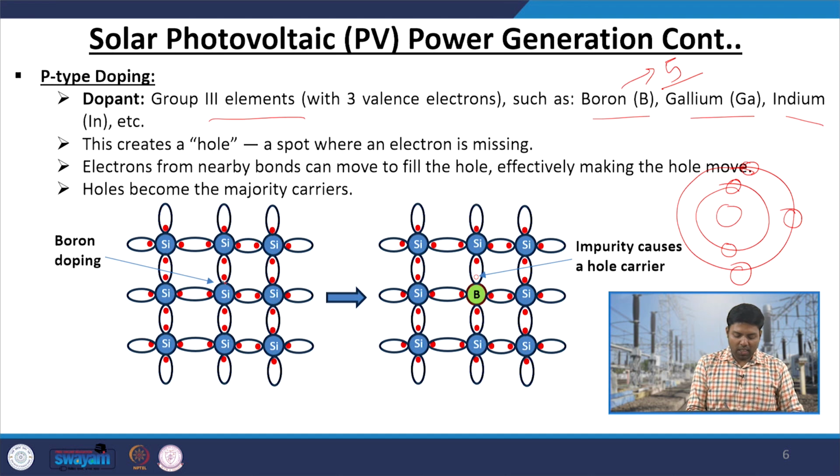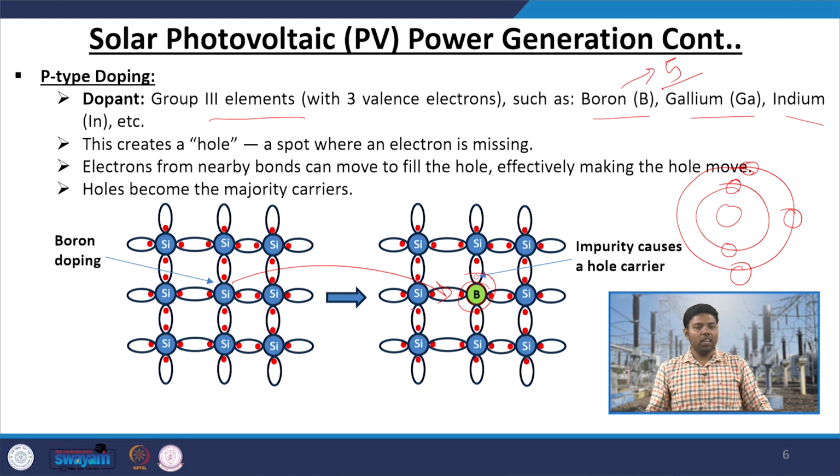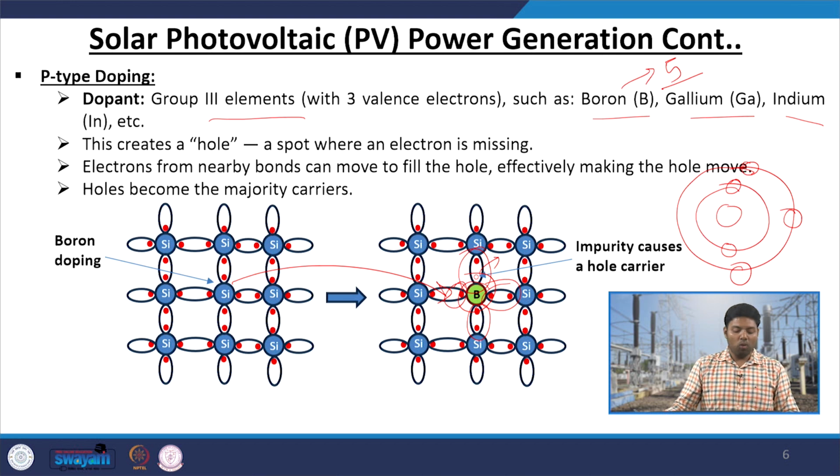If you dope your silicon atom with boron, replacing a silicon atom with a boron, then what will happen? This bond is fine, this bond is fine, this bond is fine, but for the fourth bond you have no electron for making that bond. So, you are creating a space. That space is called a hole, and that hole traverses through the silicon atoms.